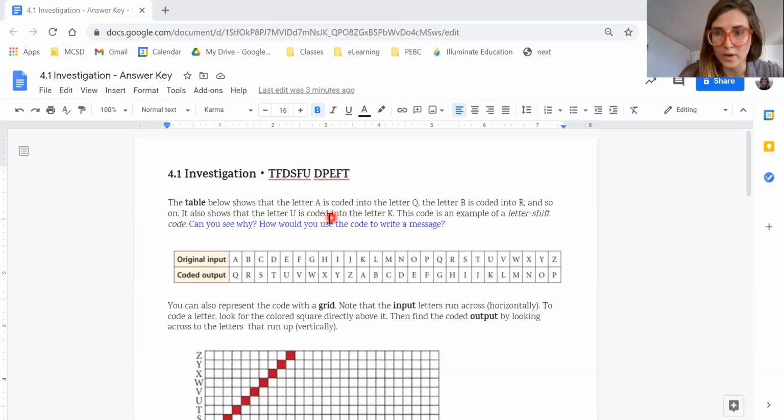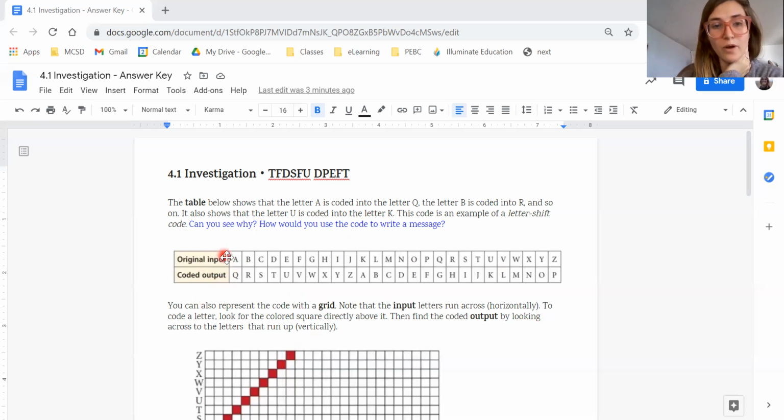So let's just go through and look at what they were saying. They say A is coded into the letter Q. So up here in the first row, there's my original input. And that's just the regular alphabet, A, B, C, D, all the way to Z. Then the second row has our coded output.